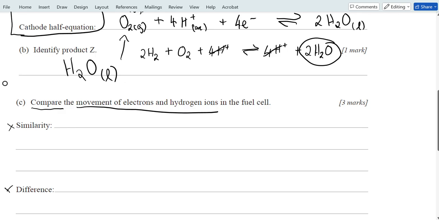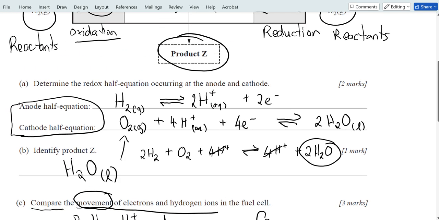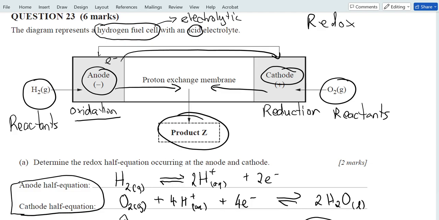What we can write here is both H plus and e minus move from anode to cathode, because of that keyword, movement. Now, what is the difference between them? The electrons will go through the path of least resistance, which in this case is an external wire.